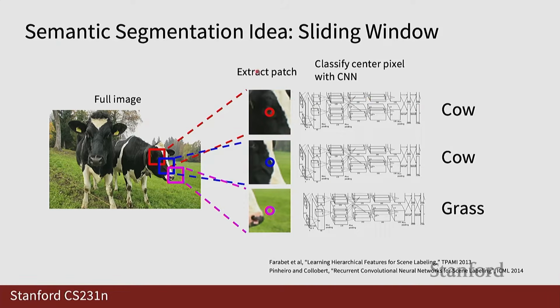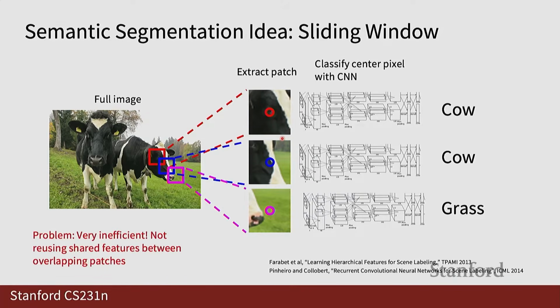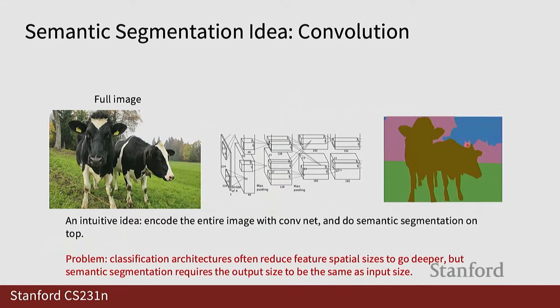It could be a CNN, could be a ResNet, could be a ViT or whatever. This is really time consuming, because if you want to run one full network for every single pixel in an image, it will take forever to turn this into a segmentation map.